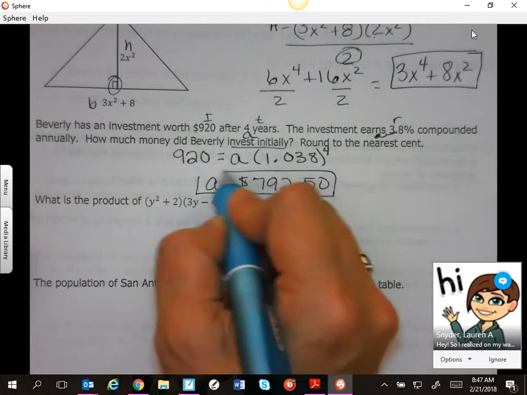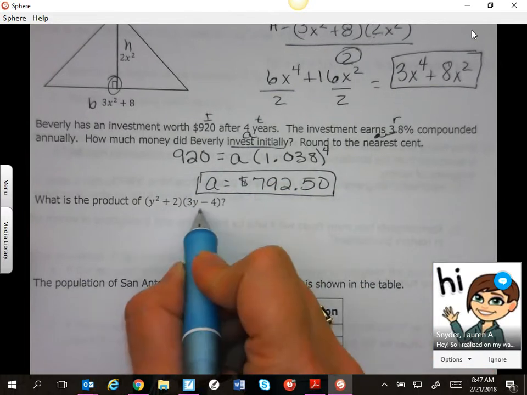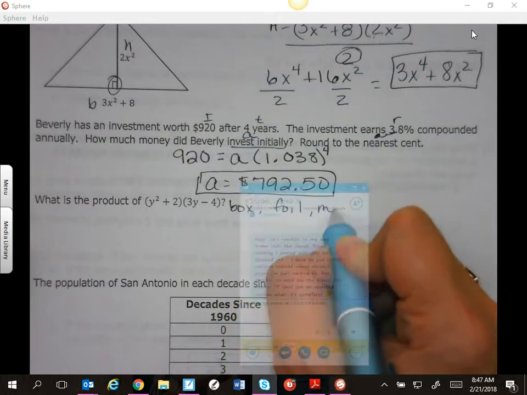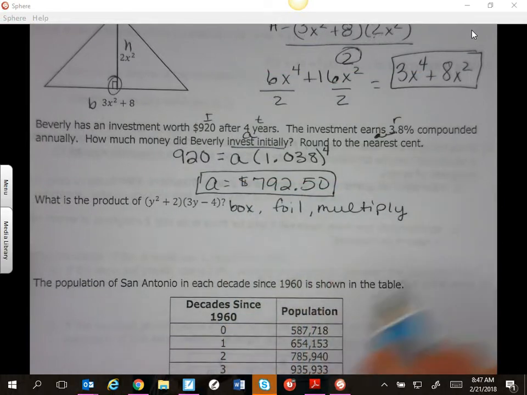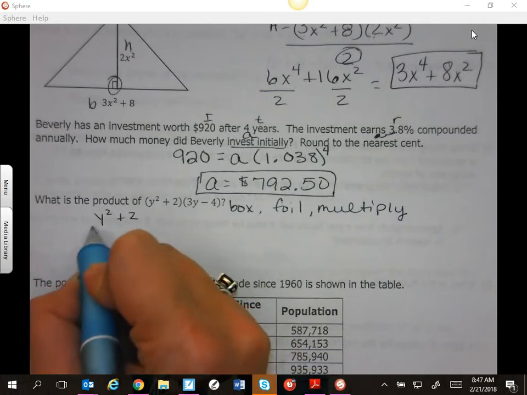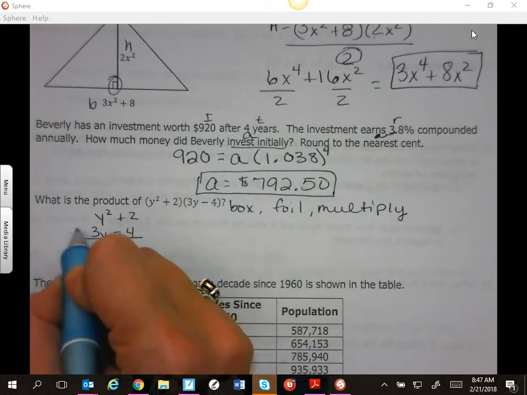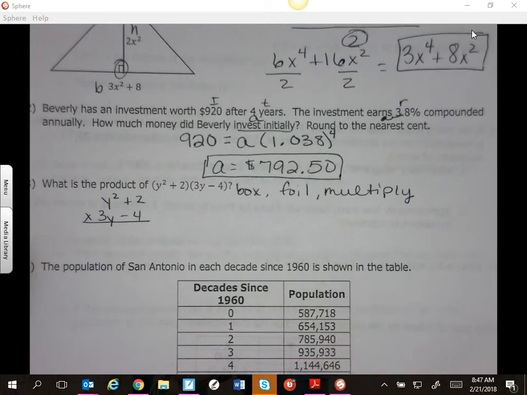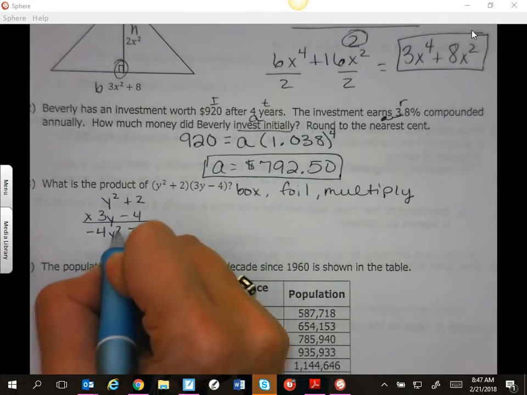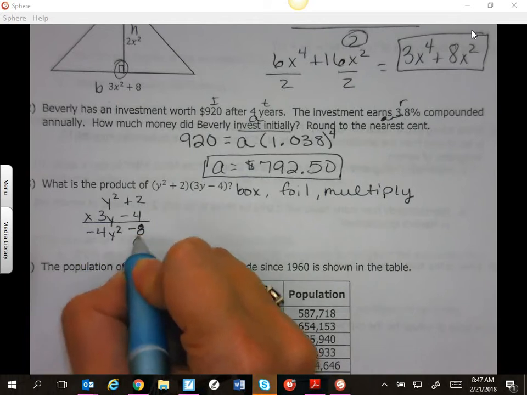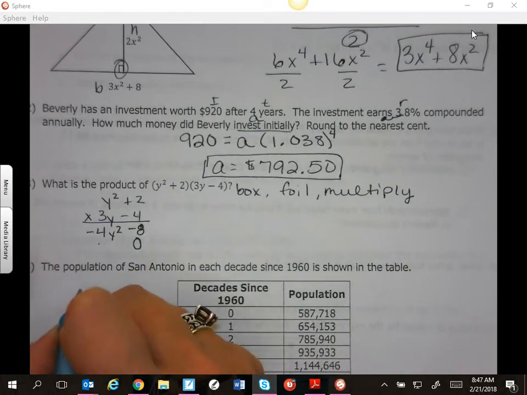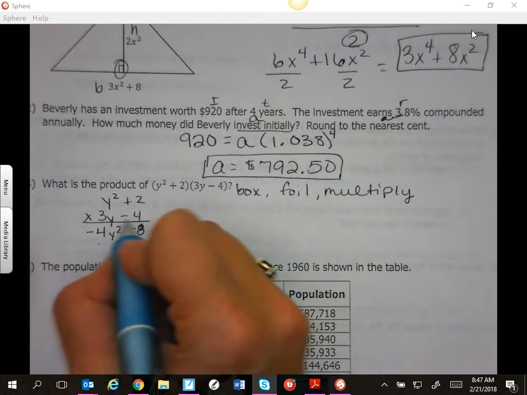Then we have, this one was the product. So you can use box, you can use FOIL, or you can simply multiply these. It is entirely up to you. I'm just going to set it up as a regular multiply. So -4 times 2 is -8, and then -4y squared, placeholder. 3y times 2 is 6y.